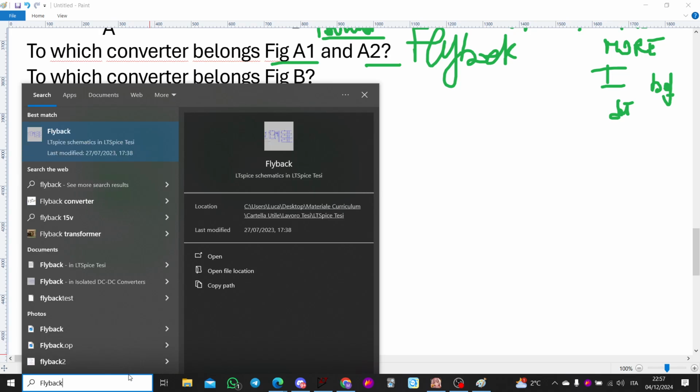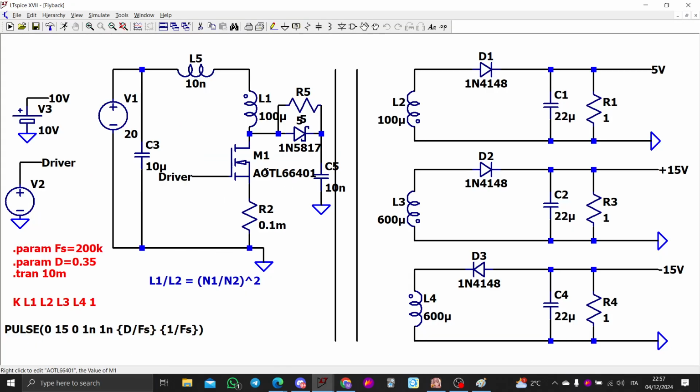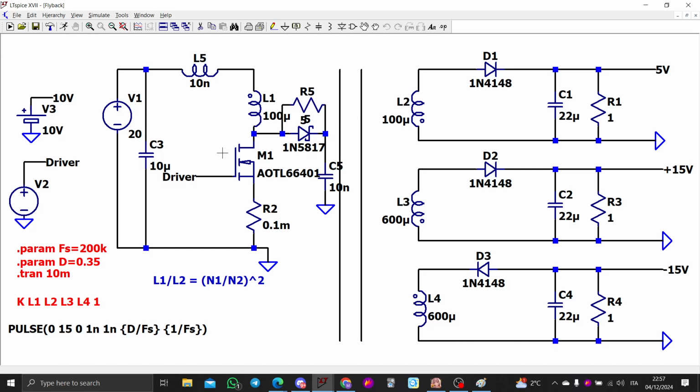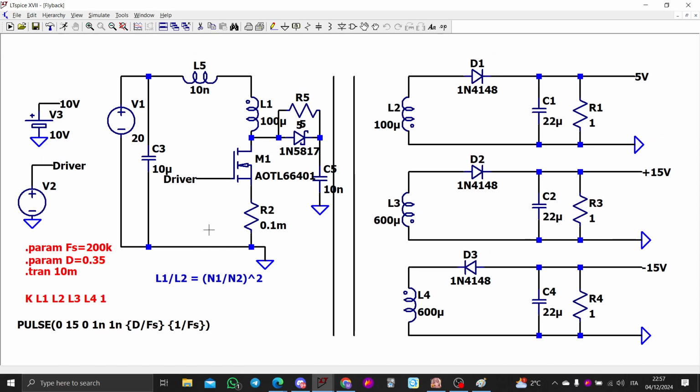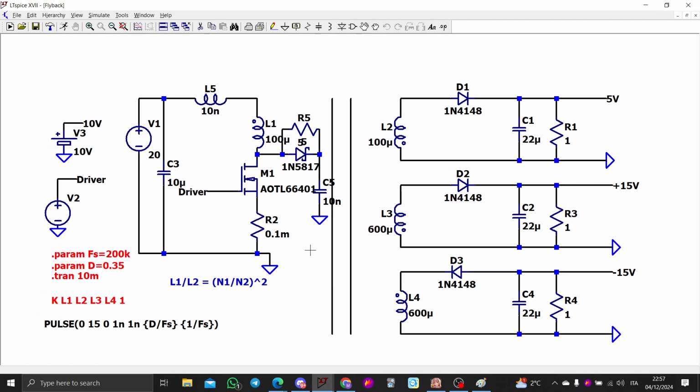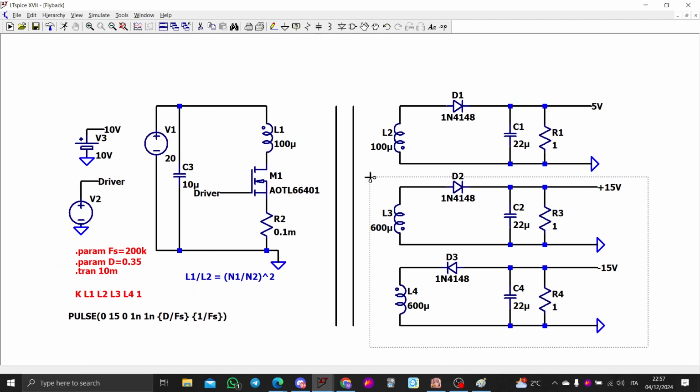let's take the flyback. For instance, I opened the first flyback that I found on my computer. I neglect everything here.